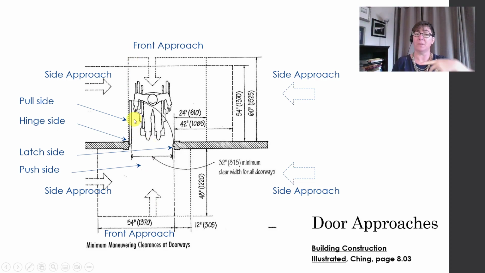And if they're coming from this direction, they would pull. There's also the hinge side and the latch side, depending on how the door opens. And finally, someone can approach a door in the front, a front approach, or they can approach from the side, so their body would be 90 degrees to the way that the door opens.